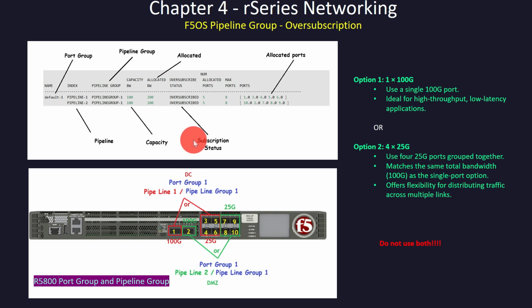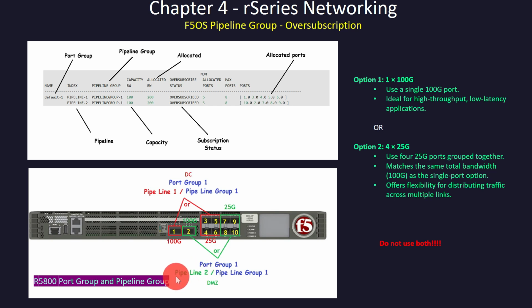On the F5 rSeries 5800, you might see an oversubscription warning. They give you 2 choices in pipeline 1. That is, use port number 1 at 100 gig speed or use port numbers 3 to 6 at 25 gig speed each. This way we won't end up with oversubscription.